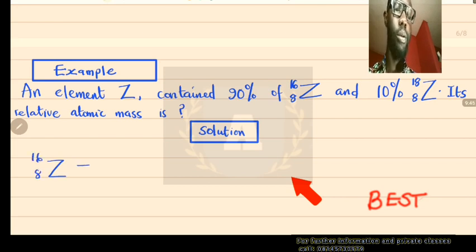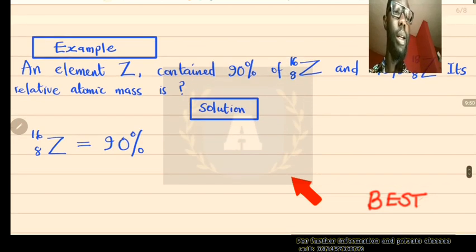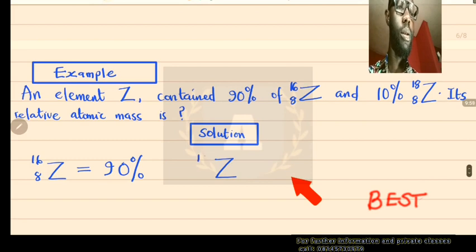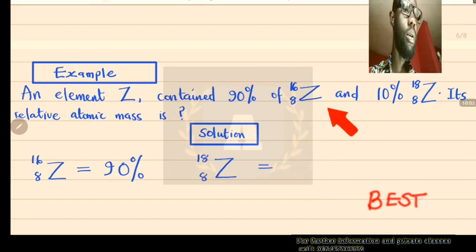Z16,8, the relative abundance has been given to be 90%, and then Z18,8, the abundance has been given to be 10%.